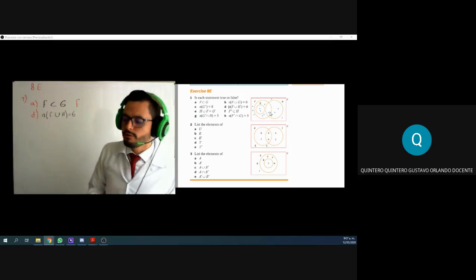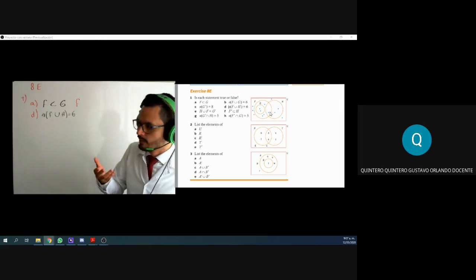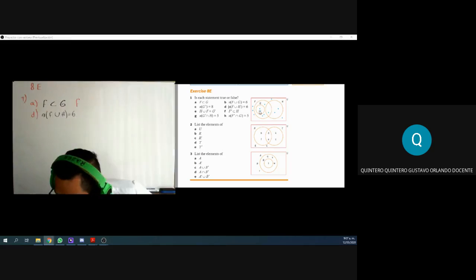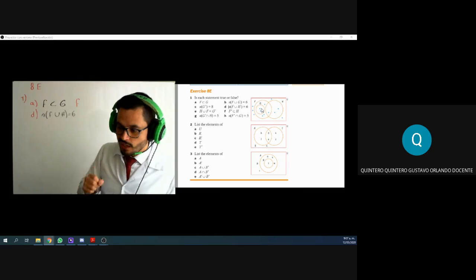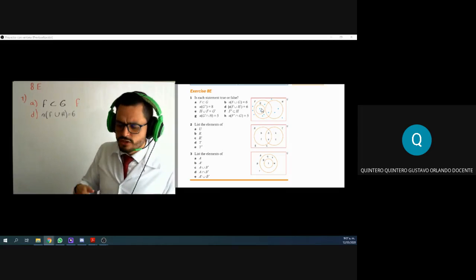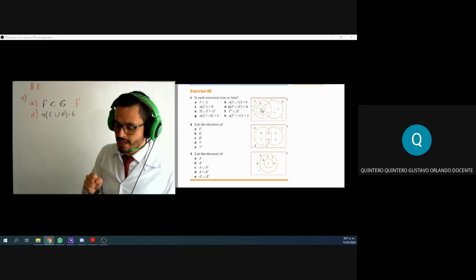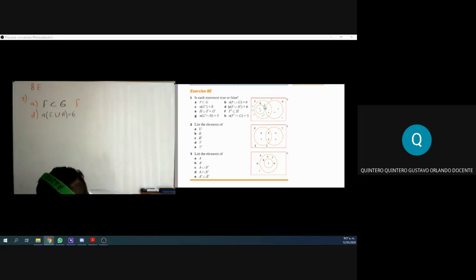Now, some of you might be saying, teacher, you're counting the ones in G. Shouldn't you just count the ones in F? Okay, but look, G, the little ball of G, is also inside of F. So every single element of G for this exercise is also an element of F, right? So we have 1, 2, 3, 4, 5, and 6 elements of F.